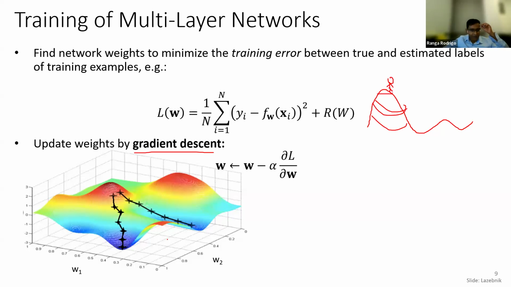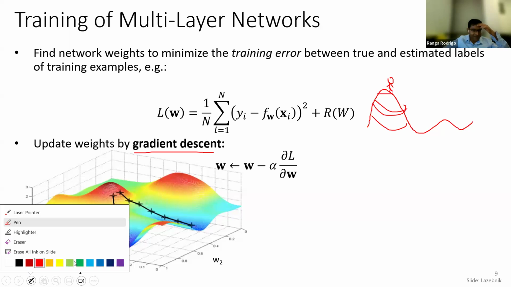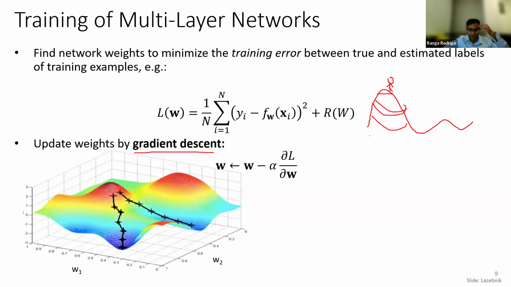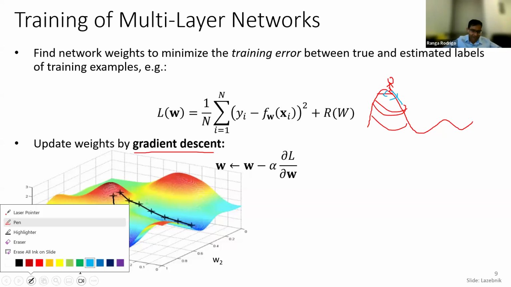If you want to climb down the mountain the fastest, in which direction should you move? You should not move like that, okay? If you move like that, you'll be going in circles. You should move along the steepest direction, the steepest slope. That's when you can go to the bottom as fast as possible. So this is called descending along the gradient. Actually, the negative direction of the gradient.